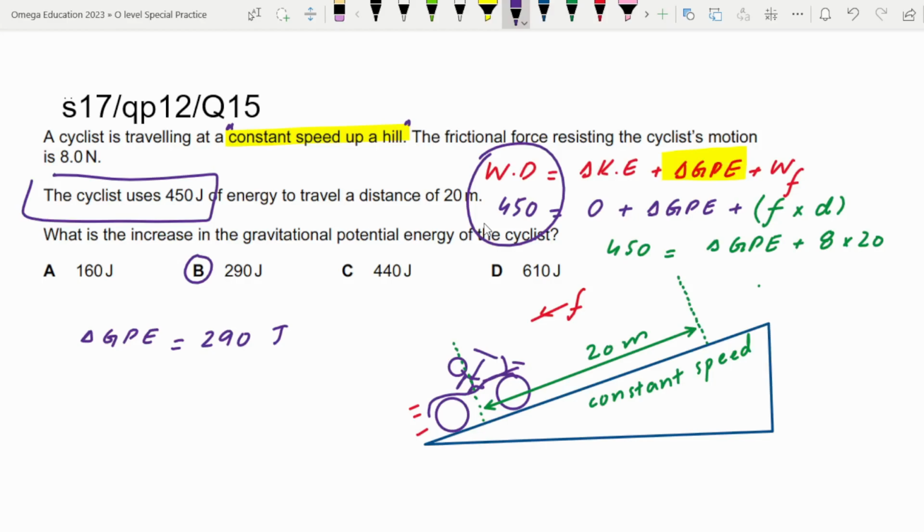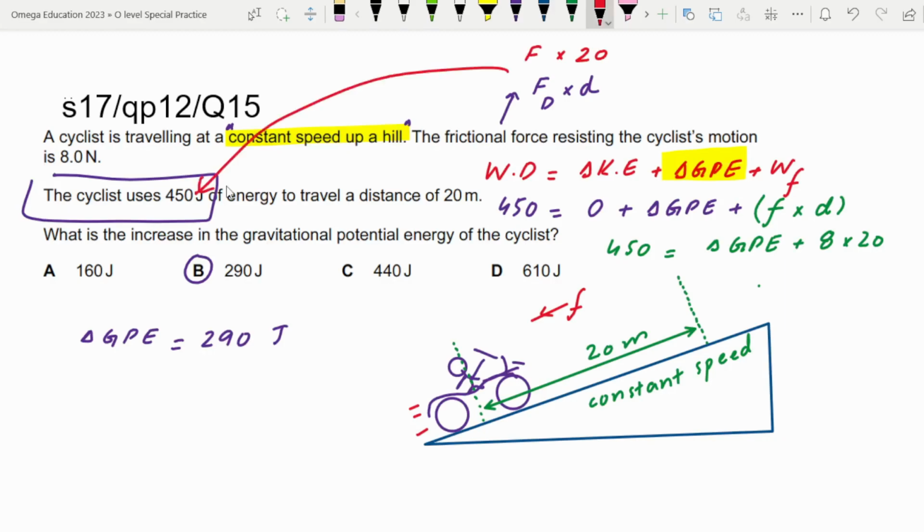So the work done would have been equal to the driving force and the distance. Distance we already know is 20 meters, right? And the forward force was not given. In fact, whatever the forward force was, they multiplied that forward force by 20, and what answer do we get? We get 450. So can you find me the forward force?